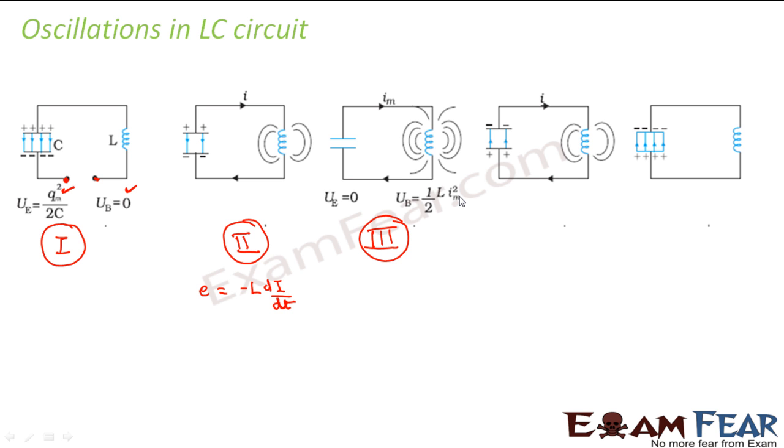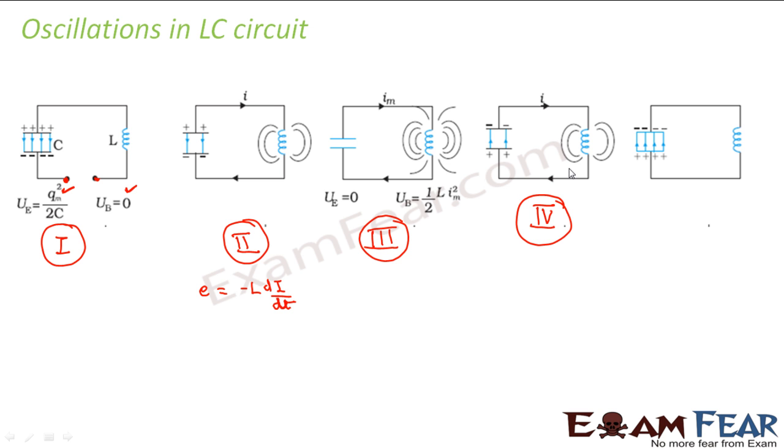Now what is the change? The change is the decay of current. So it tries to oppose the decay of current. As a result, it starts charging the capacitor. Earlier it encouraged the discharging of the capacitor; now it will encourage the charging of the capacitor. So because of this induced EMF, the capacitor will again start charging up.